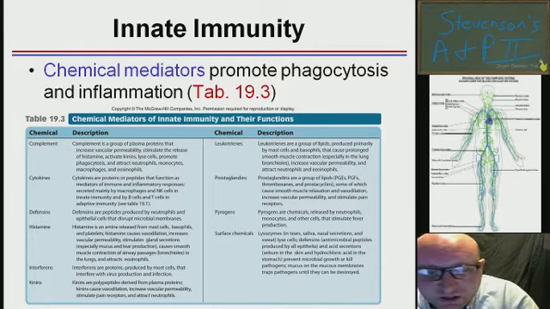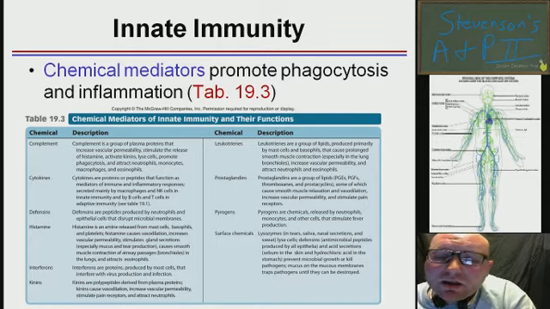Surface chemicals. Then we have the lysozymes in tears, saliva, and nasal secretions that help break down bacteria and other invaders. That's also found in sweat as well, but mostly you find them in the other mentioned fluids. We also have the defensins, which are antimicrobial peptides produced by all epithelial cells.